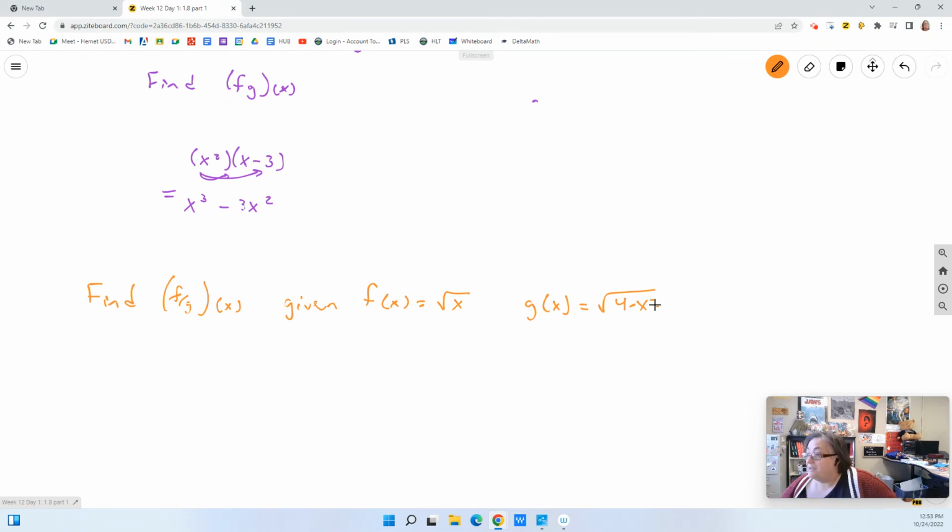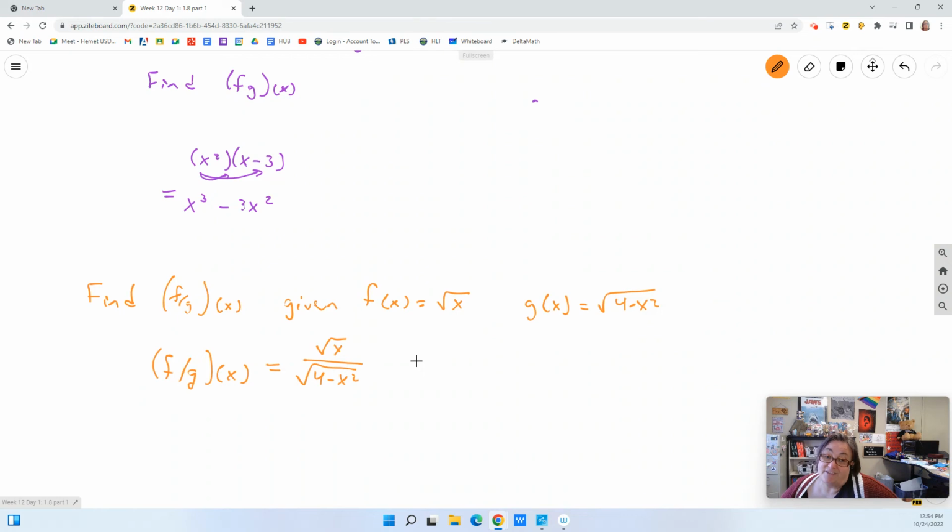If I want to find f over g of x, it is literally f of x over g of x, which equals the square root of x over the square root of 4 minus x squared. That's it.